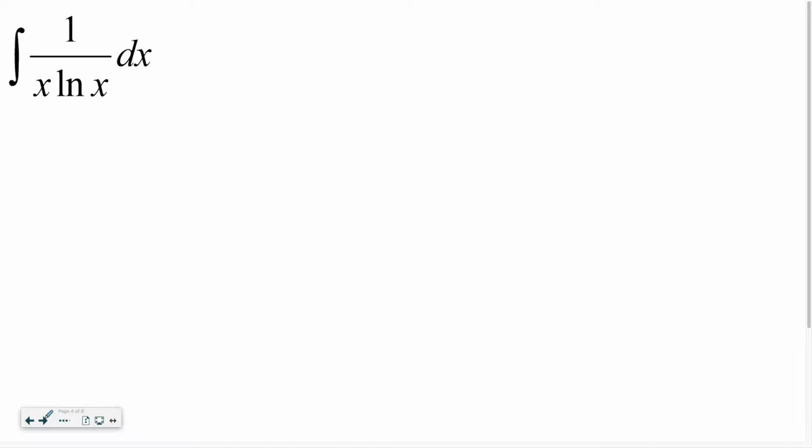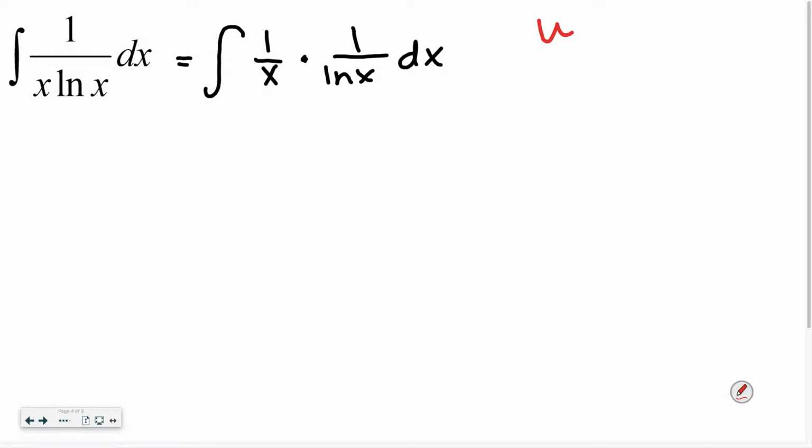Yes, we do. I did see some people rewriting it like this to kind of help their eyes a little bit, and that's fine. Okay? If we let u equal the natural log of x, du ends up being 1 over x dx.